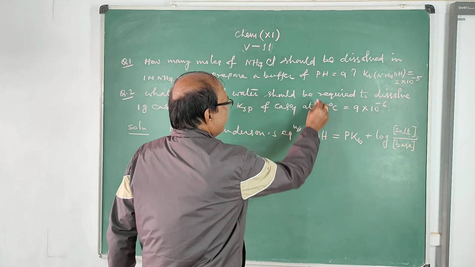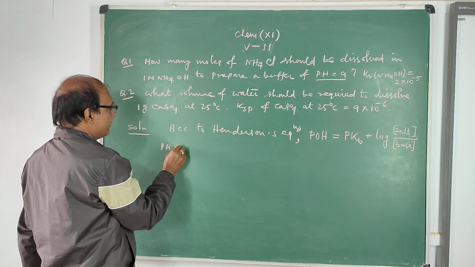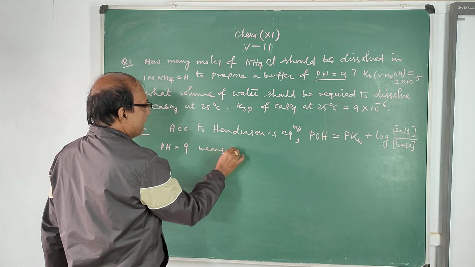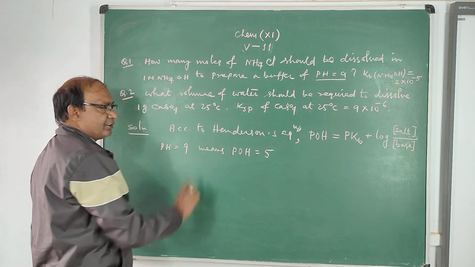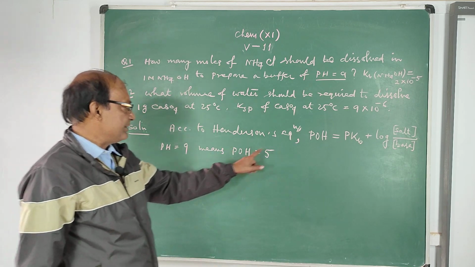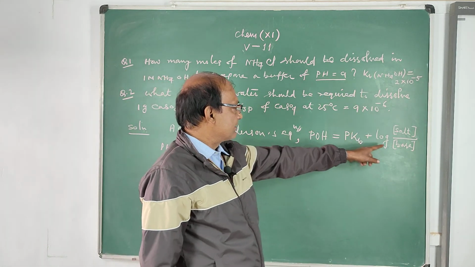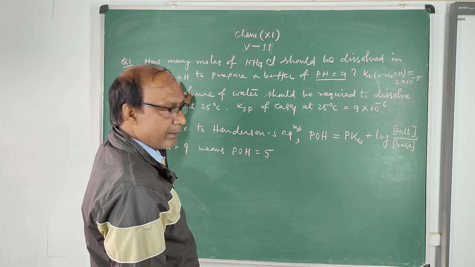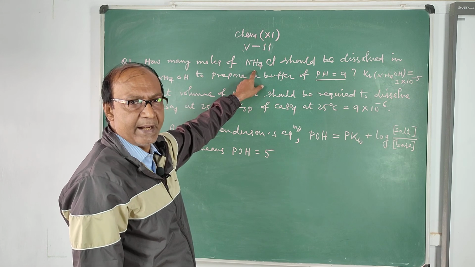Now here it is given pH 9. The pH of the buffer solution is 9, so pOH is 5, because pH plus pOH equals 14. Kb is given. The concentration of the base is given, 1 molar ammonium hydroxide. You have to find how many moles of ammonium chloride should be added.